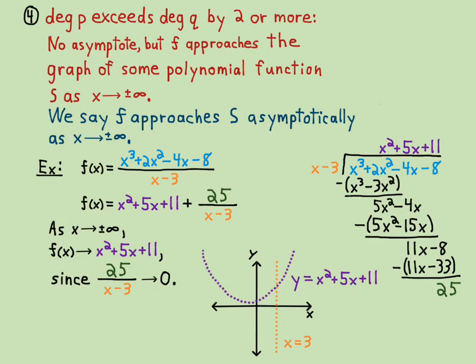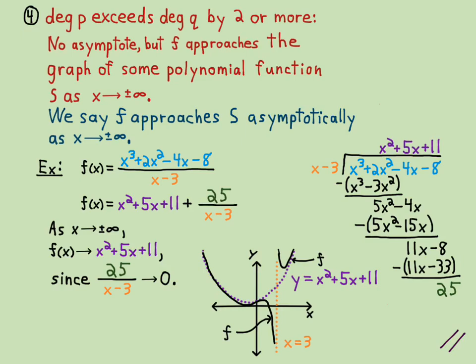That was my quotient here. My quotient with a y equal to it. Y equals this. And then you'll see, if you graph it on your graphing calculator, that your graph on both left and right side approach this curve, and this line in the middle. So it looks like that.